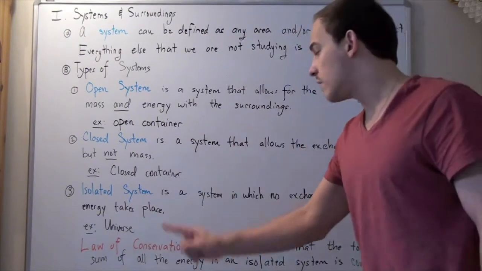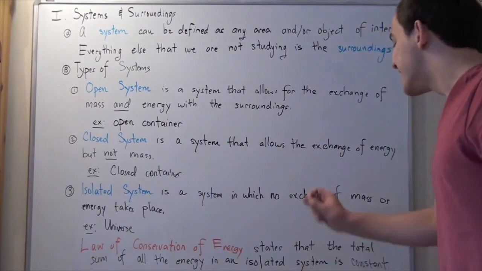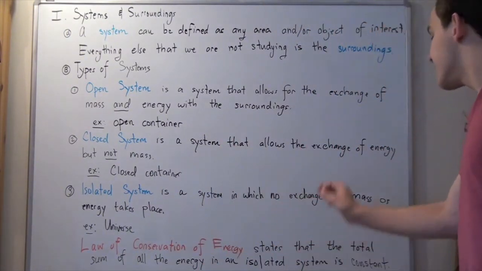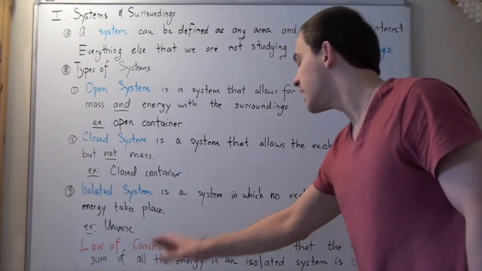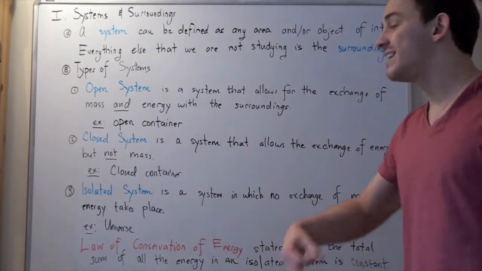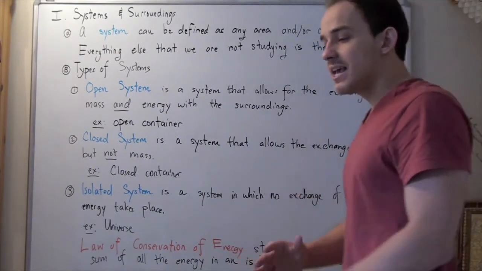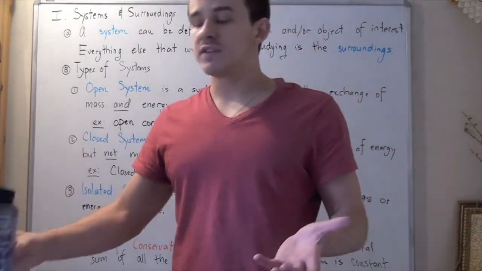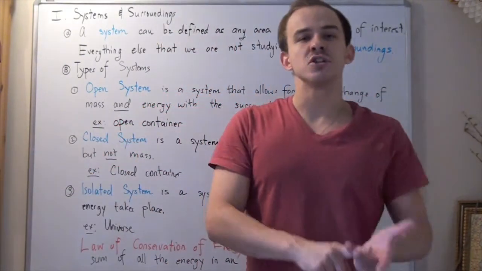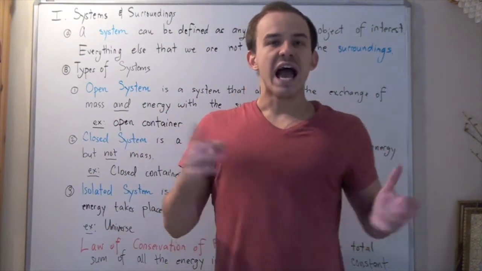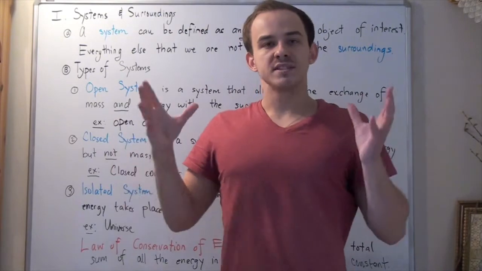Now, according to the law of conservation of energy, this law states that the total sum of all the energy in the universe in an isolated system remains constant. That means if we sum up all our different types of energies, the potential energy and the kinetic energy, our sum will remain the same.